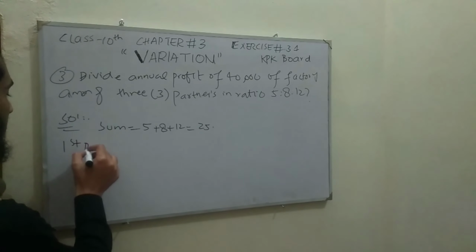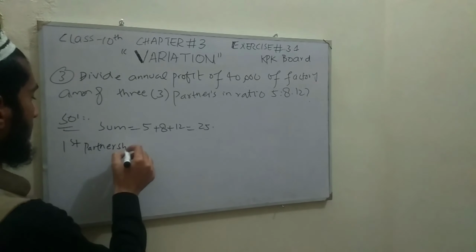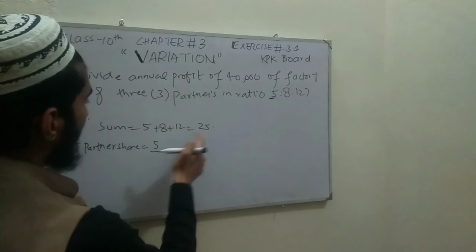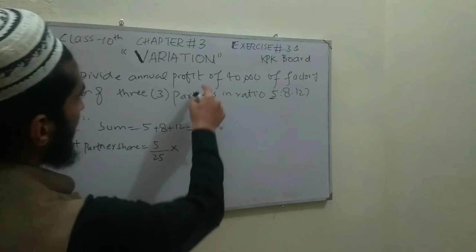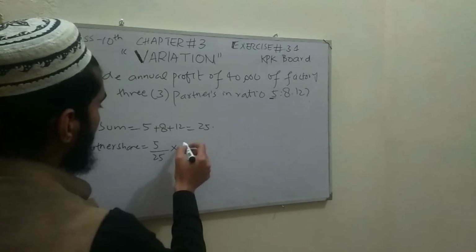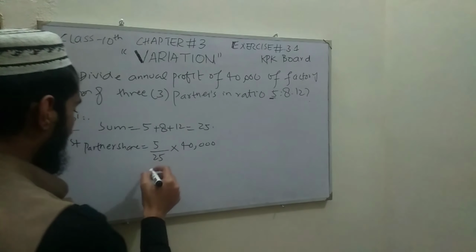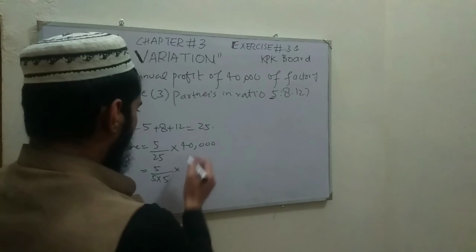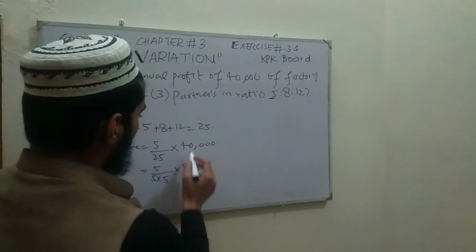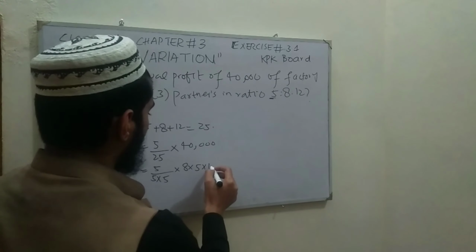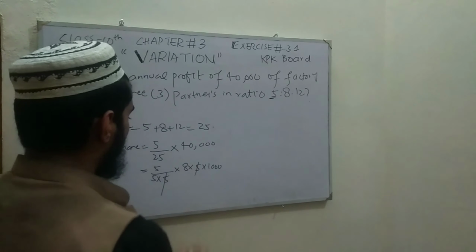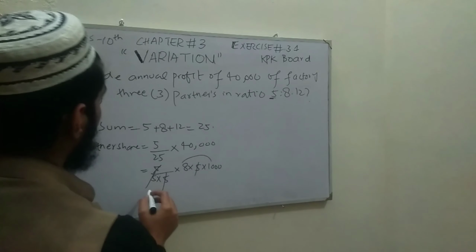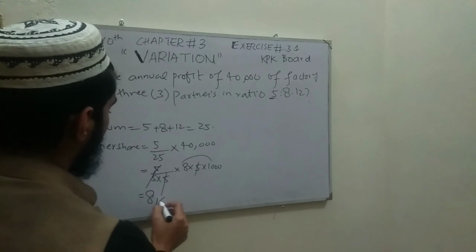The first partner's share will be equal to the ratio of the first partner, 5, divided by the total ratio, 25, multiplied by the total profit, 40,000. 5 divided by 25 can be written as 5 multiply 5 and 40,000 can be written as 8 multiply 5 multiply 1000. Just 5 is cancelled out with 5 and the other 5 cancels out too, so we are left with 8,000. This is the share of the first partner.